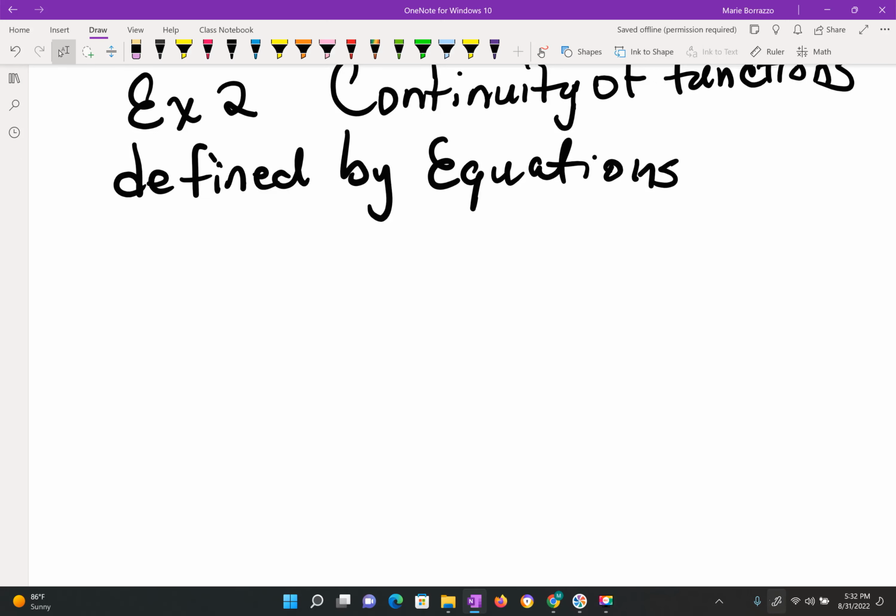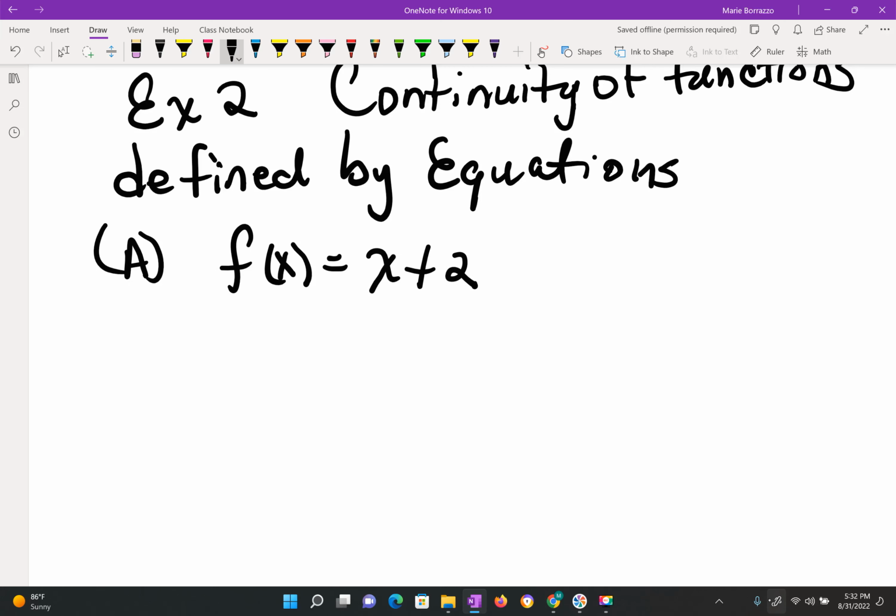In example A, I have a function f of x, which is simply x plus 2, and we want to check at x equals 2.